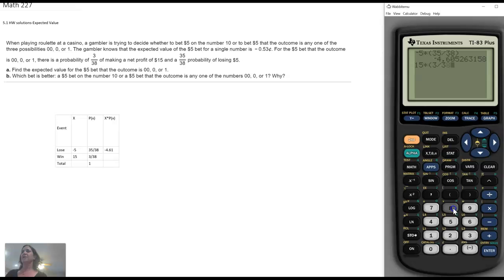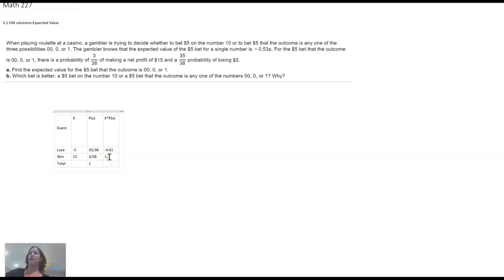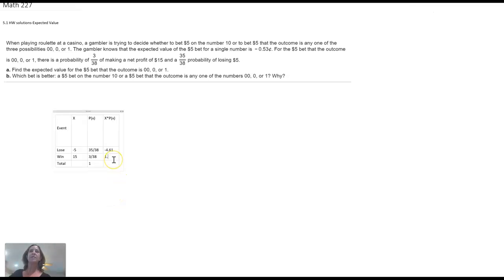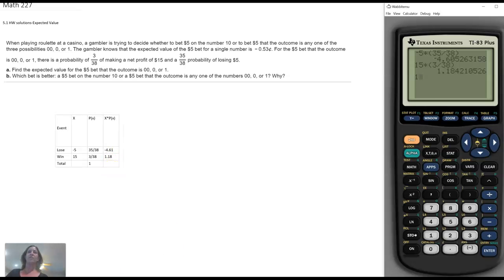So 15 times 3 out of 38. And again, let's round to the nearest hundredth because it's money, would give me a positive 1 point, I believe that was 18. Let's check one more time. Yep, 1.18.